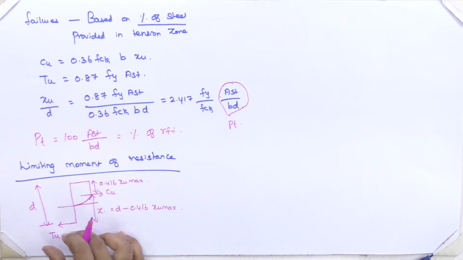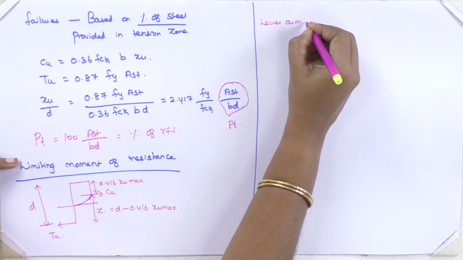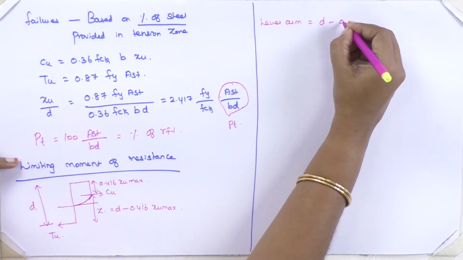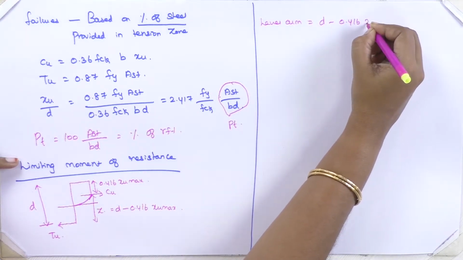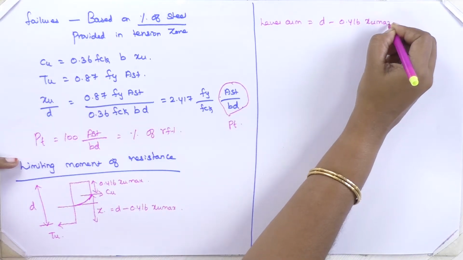So you can directly calculate the limiting moment of resistance. Lever arm is equal to small d minus 0.416 Xu max.